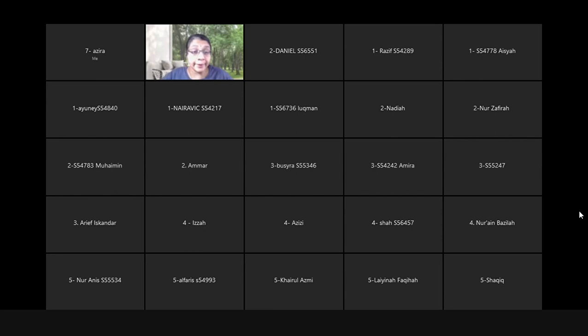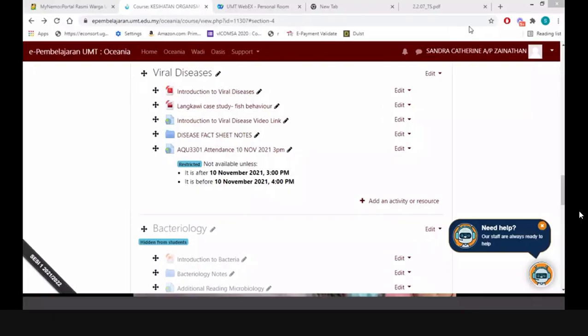I will share about the group work for tomorrow. Okay, for group work tomorrow, okay, so tomorrow we're going to do an activity known as disease fact sheet.